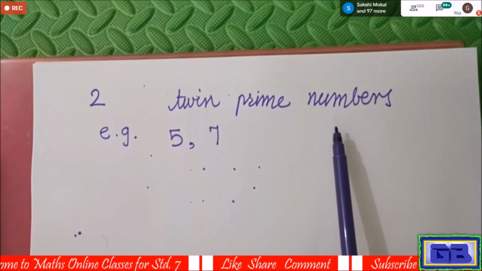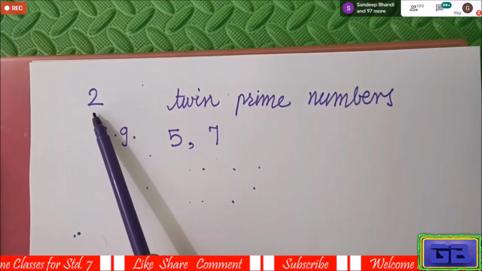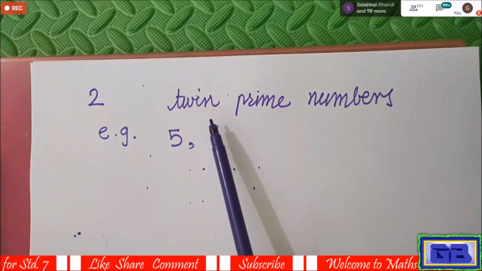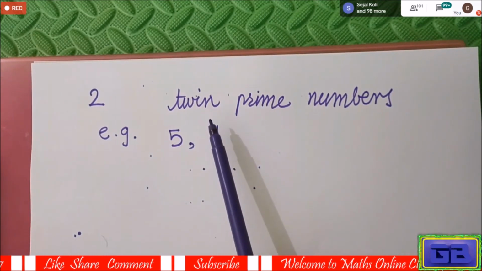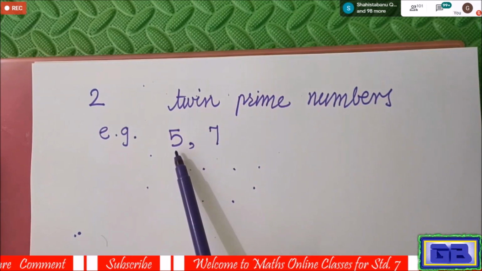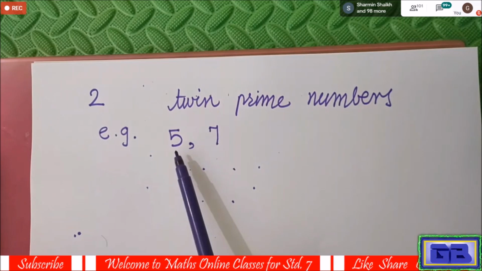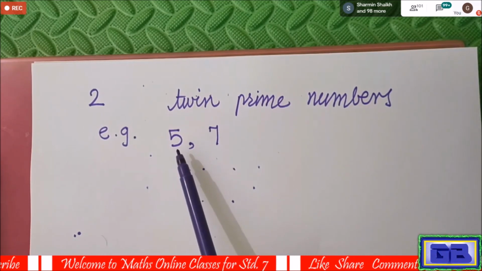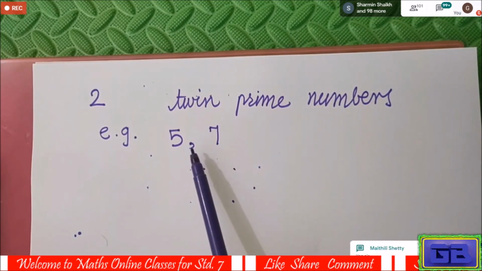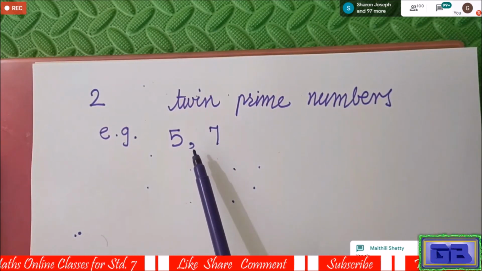What it says: there should be a difference of 2 between the prime numbers. It means when we subtract a small prime number from a big one, the answer should be 2. That is called difference. When we subtract, we say difference. When we multiply, we say product.